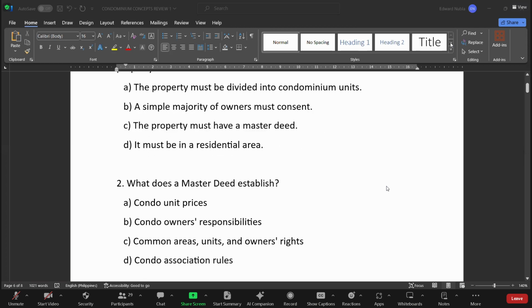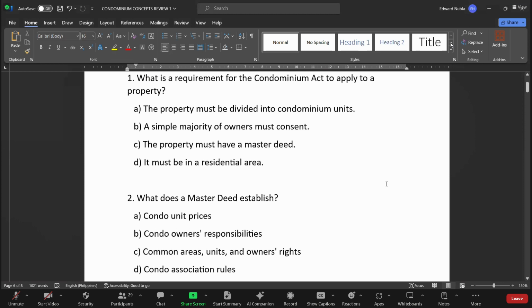Number two, what does a master deed establish? Letter A, condo unit prices. Letter B, condo owners' responsibilities. Letter C, common areas, units, and owners' rights.